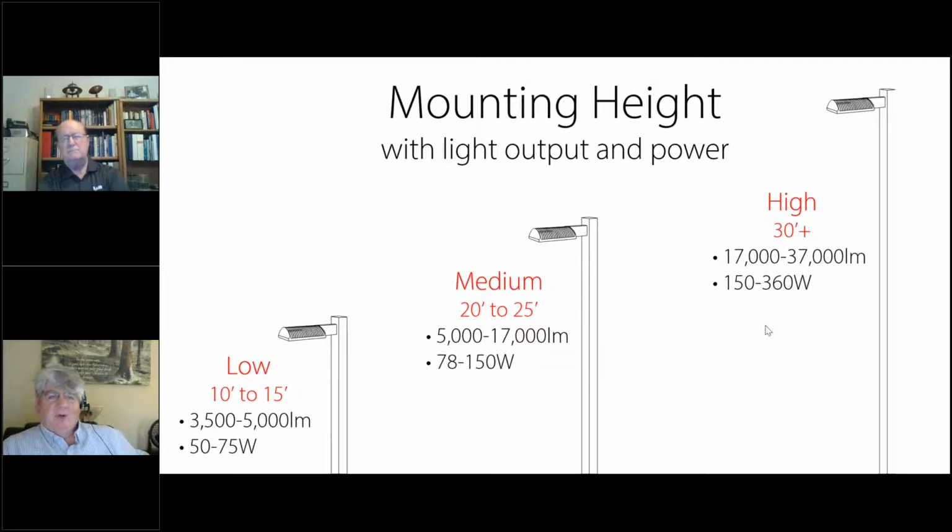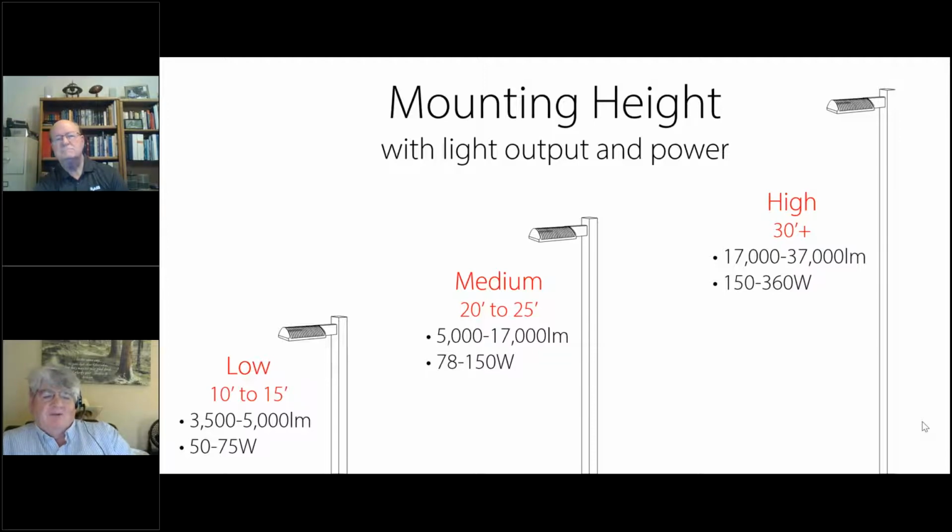If you put a 400 watt metal halide or 400 watt high pressure sodium on a 15 or 20 foot pole, you're going to have a really bright hot spot. It will light up the area that you're trying to light, but you've got more light than you need. You're wasting light, and you're also introducing a lot of glare, and you're making it difficult, because of adaptation, for people to see clearly, because the bright areas are way brighter than the dark areas, and so your eye can't adjust properly.